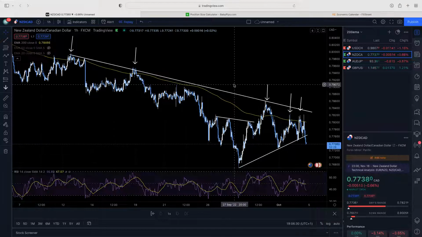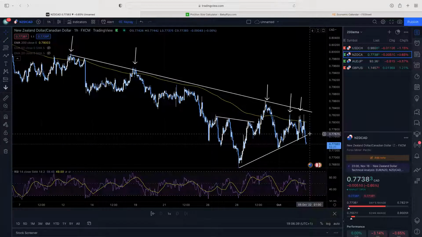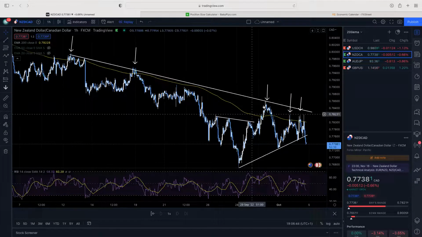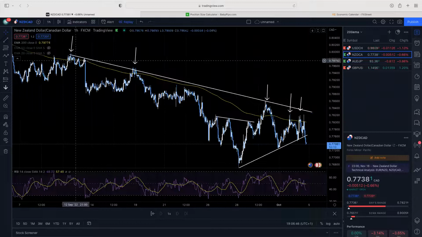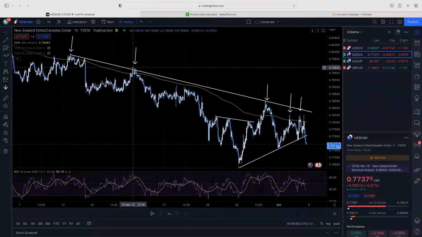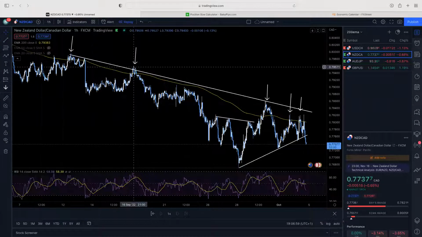So every time I take a trade on NZD CAD, so obviously there was the trade this morning, which eventually hit take profit, we weren't interested in taking the trade as it first met the 200 EMA, because the last 1, 2, 3, 4, 5 times, price is breaking through first. So if we have a look closely, we can see, yes, there is initial reaction. Price comes up to it, touches it, pops down a tiny bit, and then breaks through.